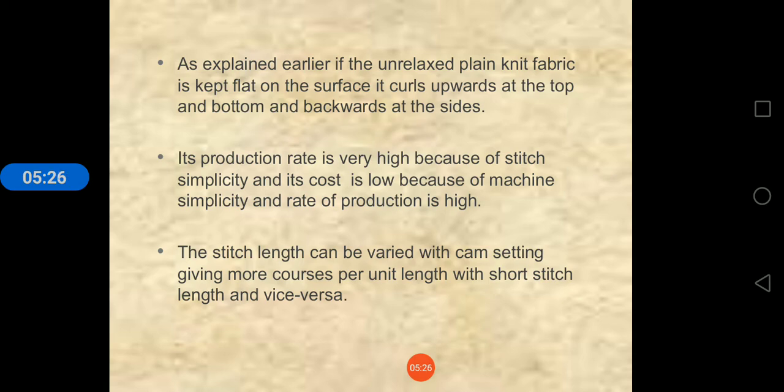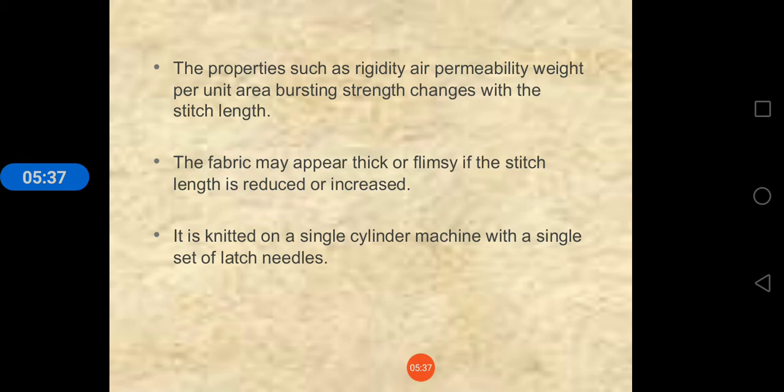The stitch length can be varied with the cam setting, giving more courses per unit length with short stitch length and vice versa. The fabric may appear thick and flimsy if the stitch length is reduced or increased. It is knitted on a single cylinder machine with a single set of latch needles.